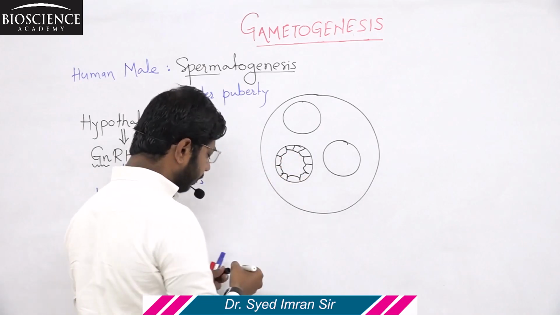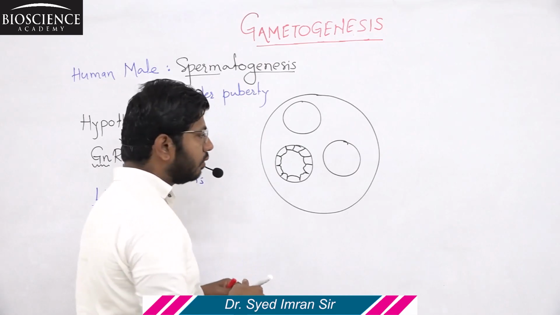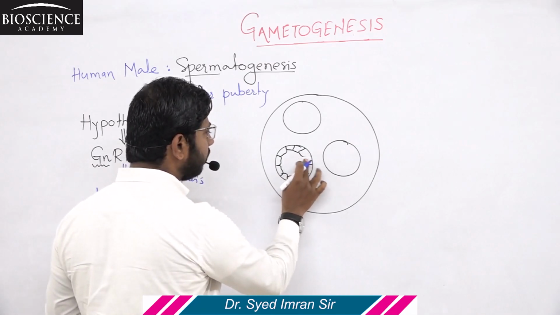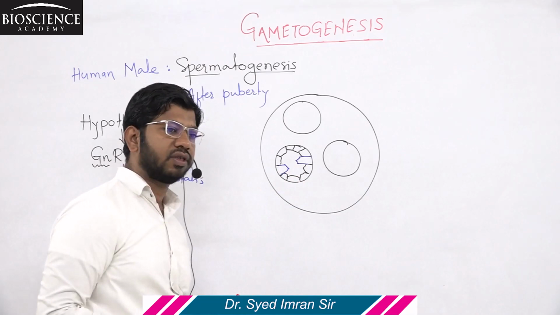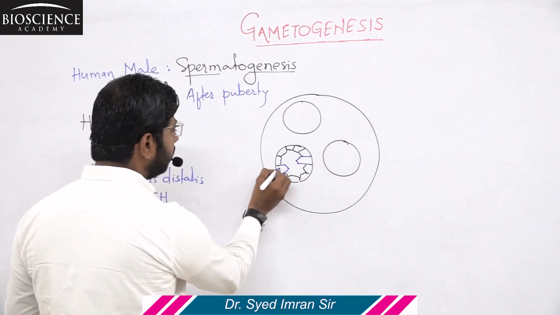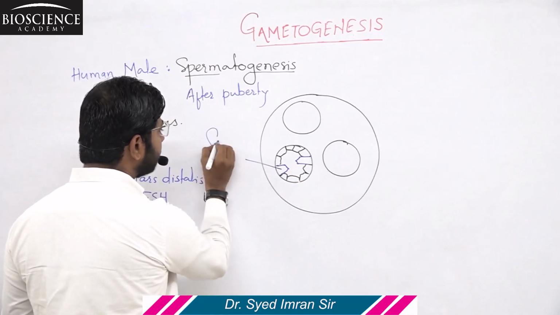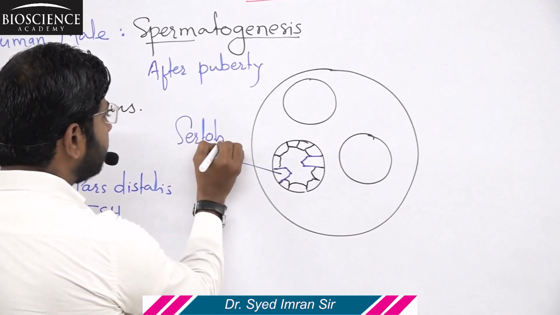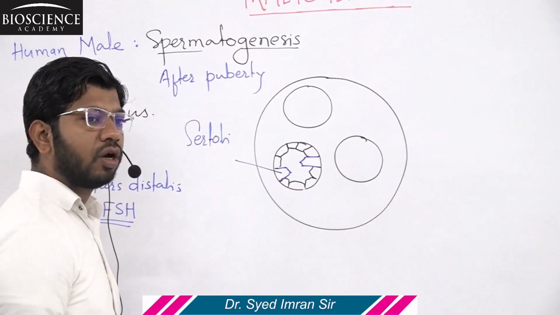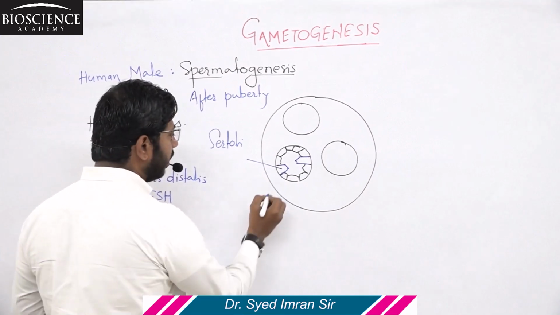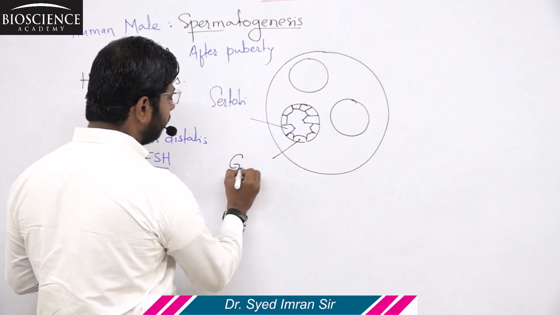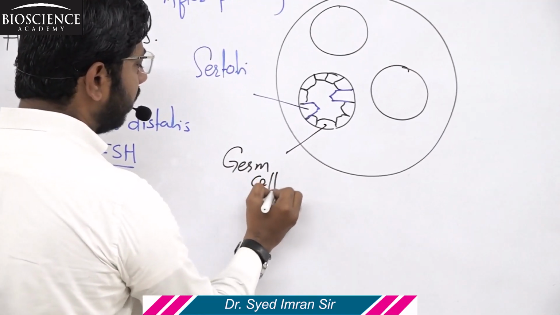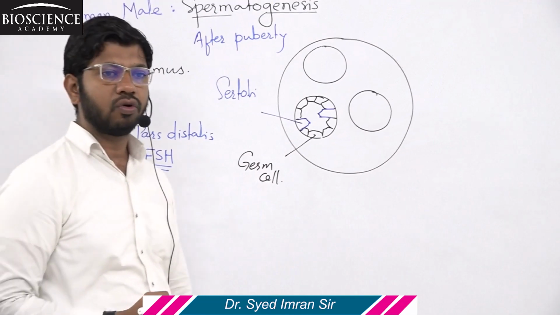The majority are spermatogonia, meaning the cells that produce sperm, and some cells which provide nutrition for the process of spermatogenesis are called Sertoli cells. Let us consider the blue cells as Sertoli cells, which provide nourishment to the spermatogonia, and these other black colored cells are known as male germ cells, also called spermatogonia.